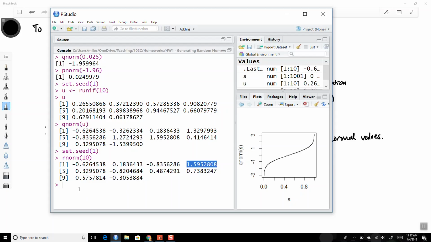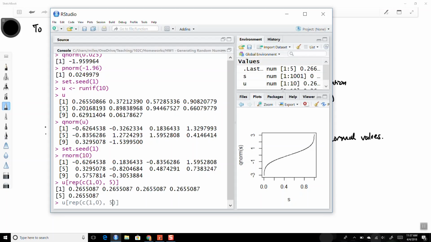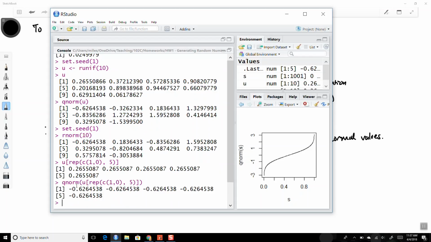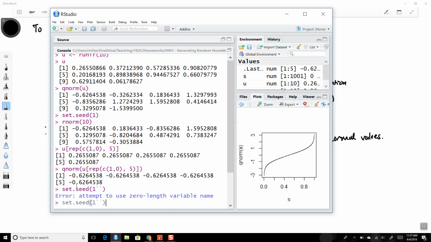So it's as if I subset u by doing, repeat the sequence 1, 0, 5 times or something, and then I plug this into qnorm. And if I do that, then this is equal to, oops.